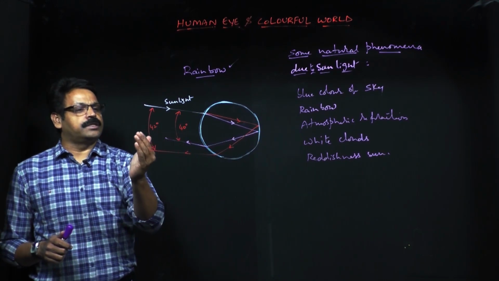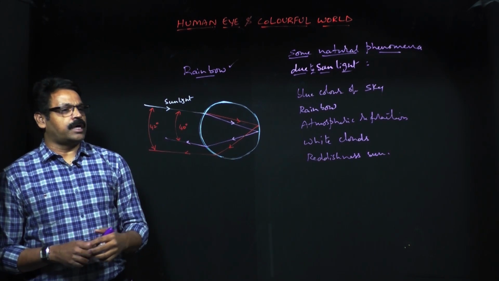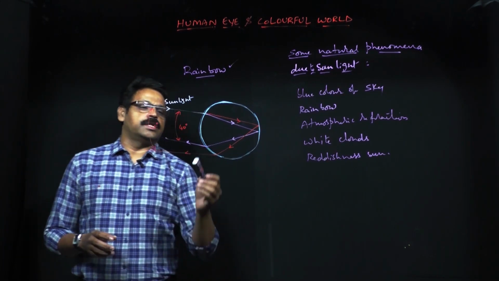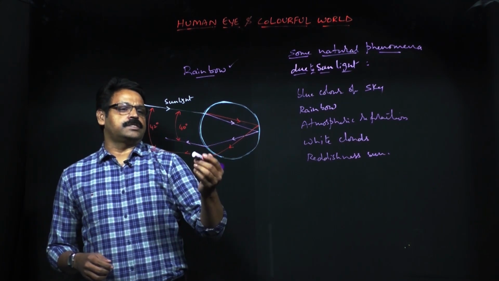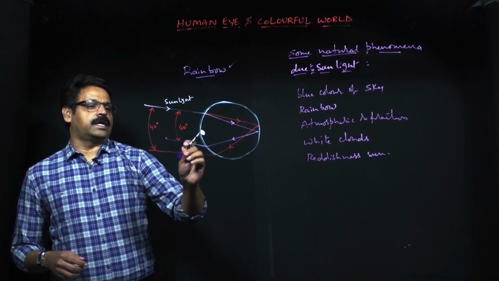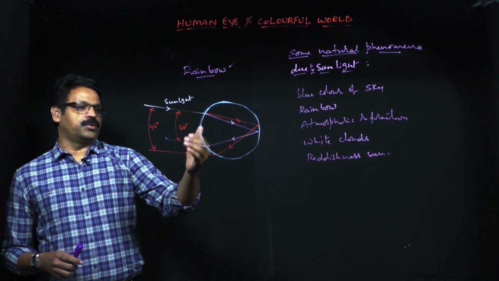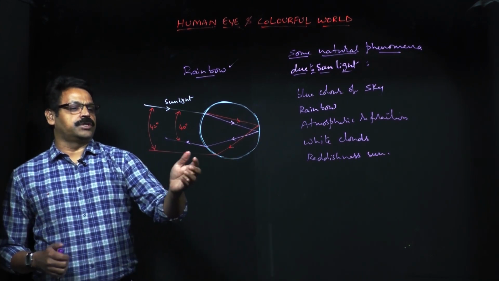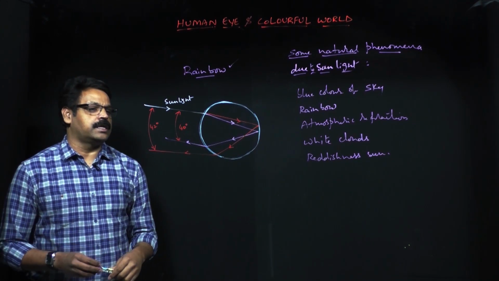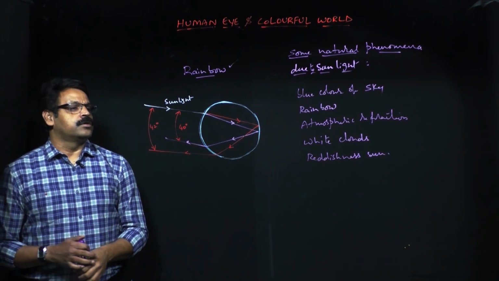Then when it comes out of the raindrop, again it is coming back into the atmosphere, so that it will be dispersed at different angles. That's the reason you can see the violet and red separated as the 7 bands, which appear as a rainbow. So here you can see that the outer layer is going to be the red, and the inner layer the violet. So this is how a rainbow is formed.